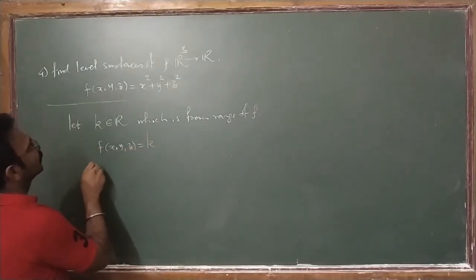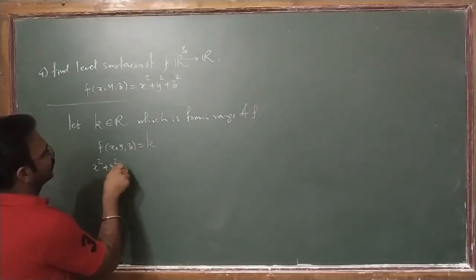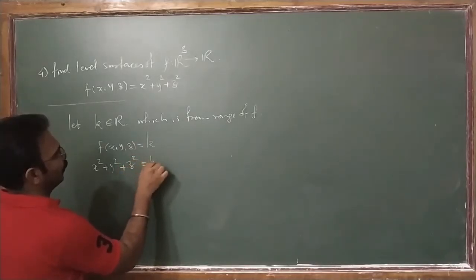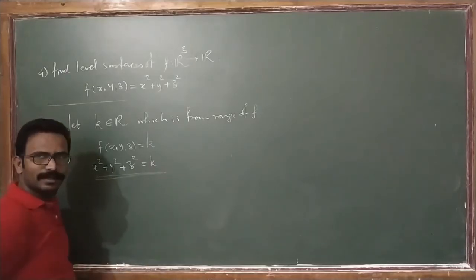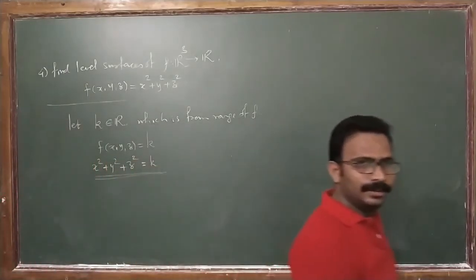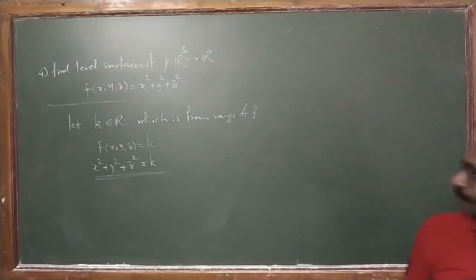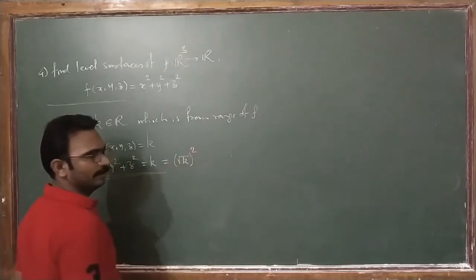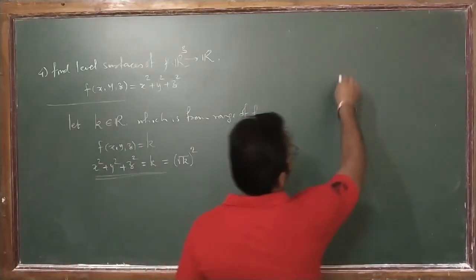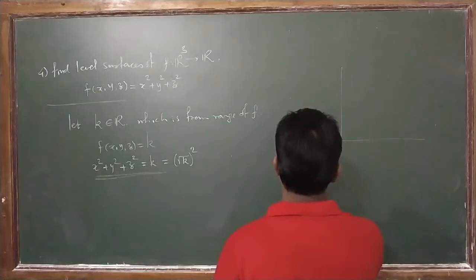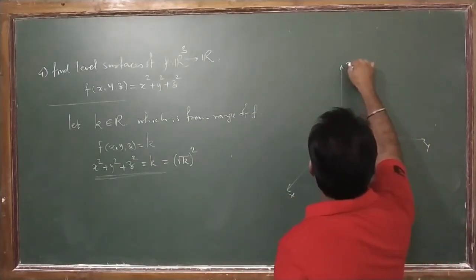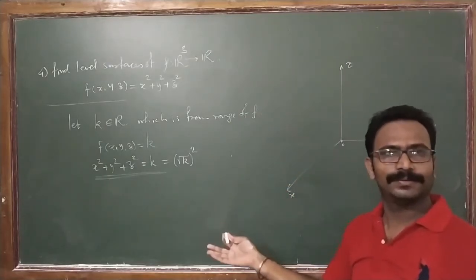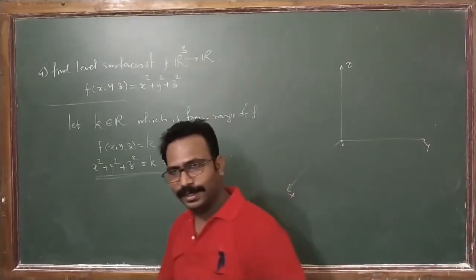That means x square plus y square plus z square is equal to k. So this is nothing but the equation of a sphere with radius root k. This is a family of spheres if I vary the value of k equal to 0, k equal to 1, k equal to 2.